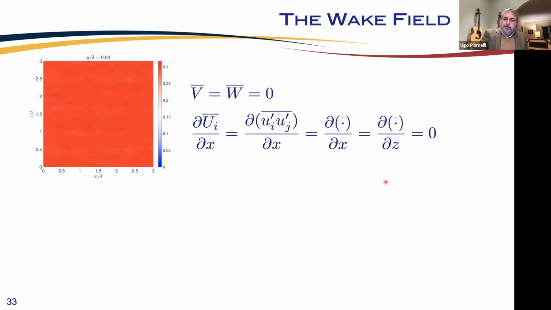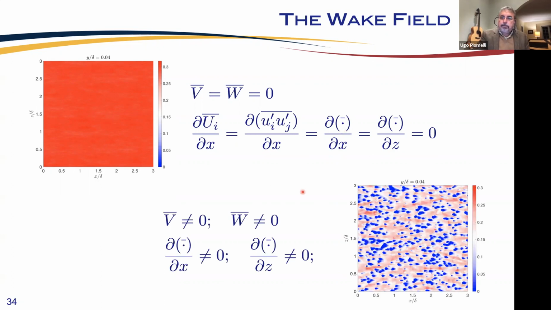Now, as a consequence of this, in a smooth wall, the average V and W velocity components are zero. And the X and Z derivatives of any statistical quantity are also zero. In the rough wall, none of these things is true.